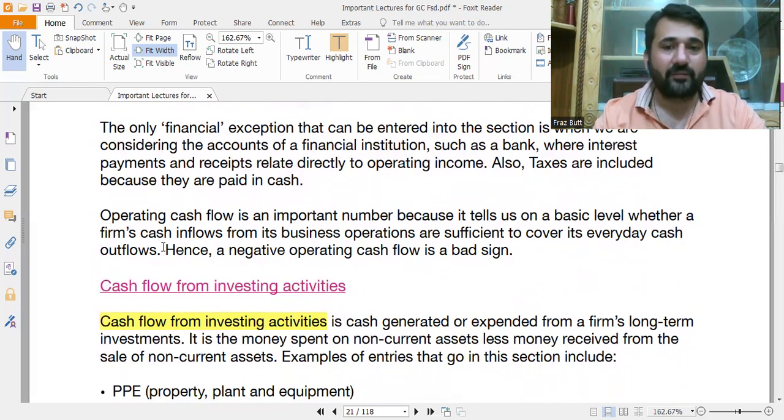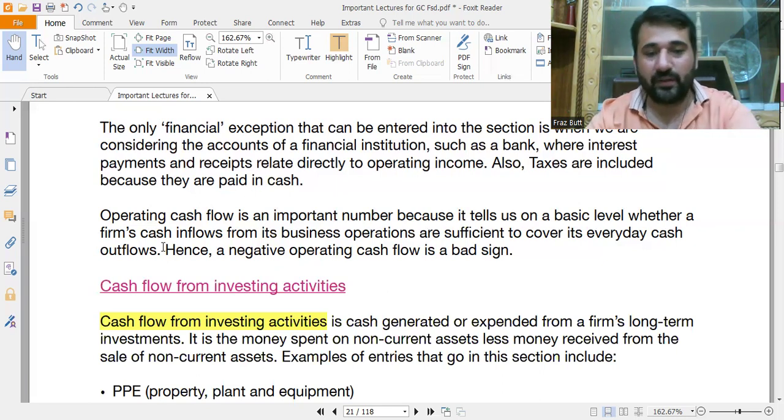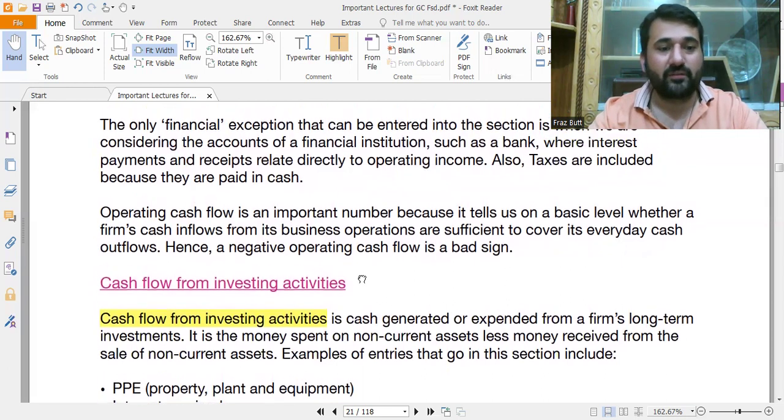The most important thing is that cash flow from operating activities gives us information whether the cash inflows are sufficient to meet our expenses and obligations of cash outflows. This is for comparison purposes. The comparison between the outflow and the inflow is maintained, and then we can make decisions.